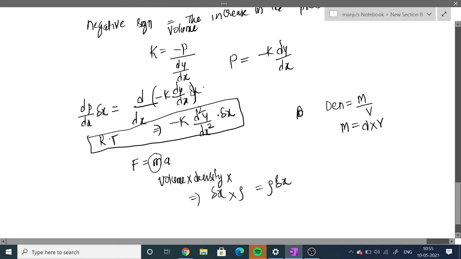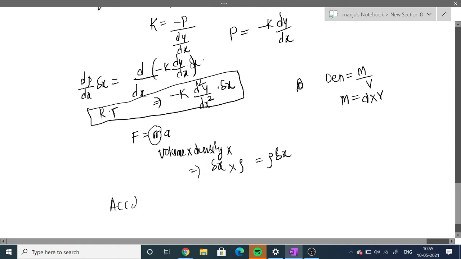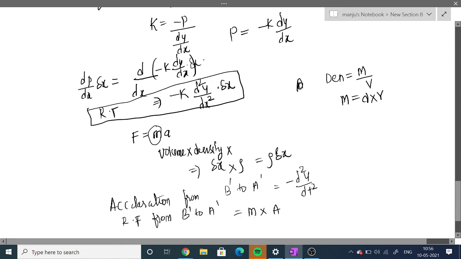The acceleration from B dash to A dash is given as minus d square y by dt square. The resultant force from B dash to A dash is equal to mass into acceleration.